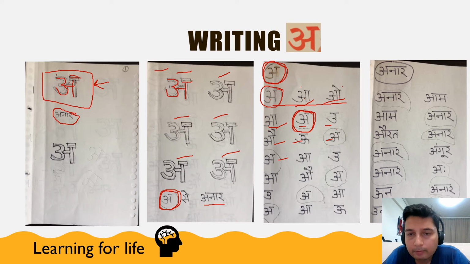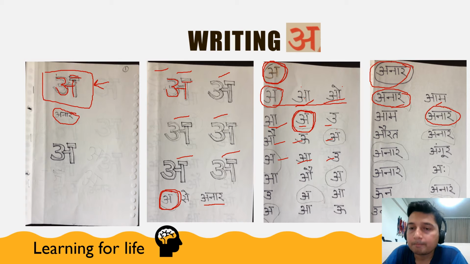You can see all the alphabets that are written over here, which would be coming in the following worksheets. And in the last worksheet you can see I have written anar and I have circled that. Here I only have two words in each row, so it's easier for the child to recognize anar between the two words.